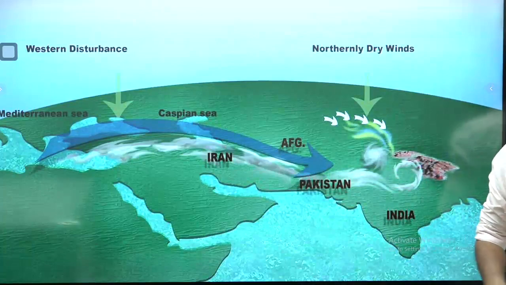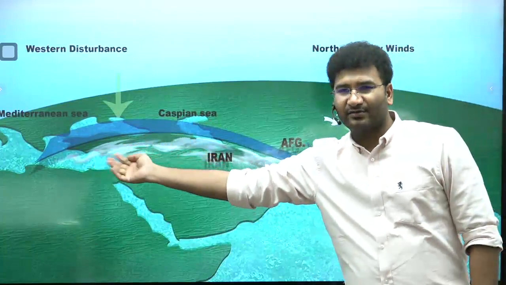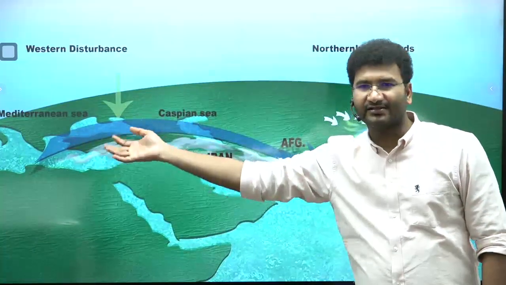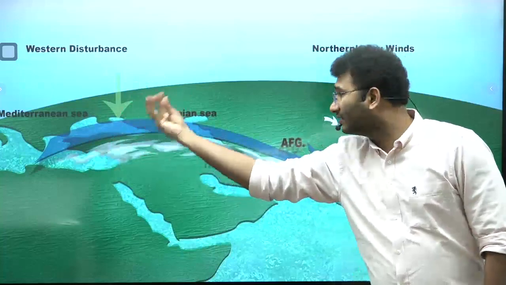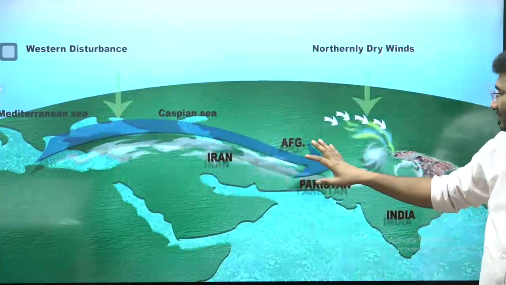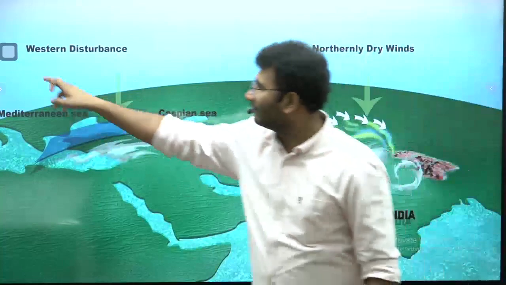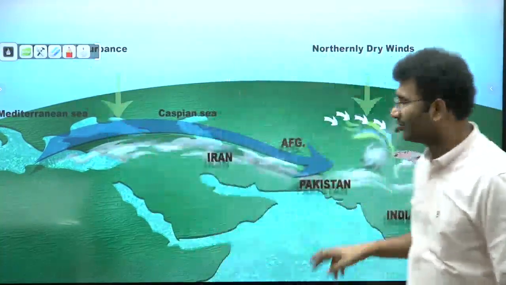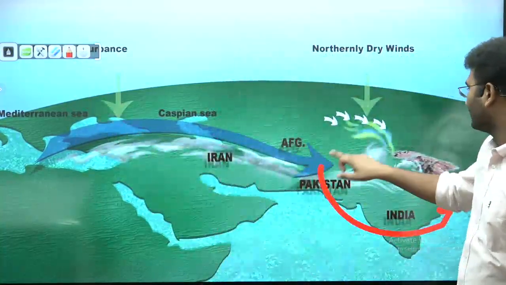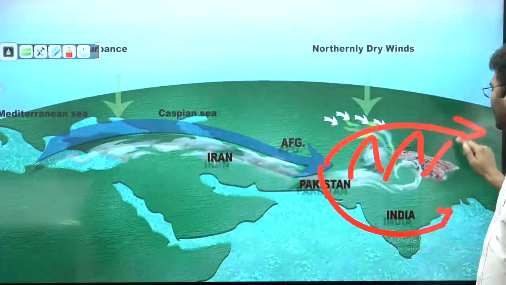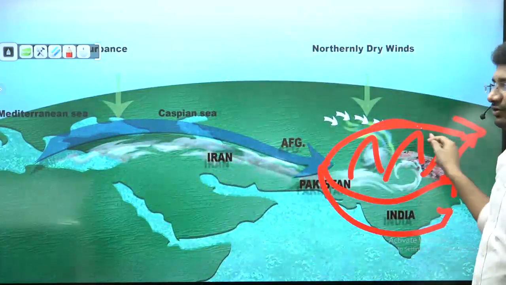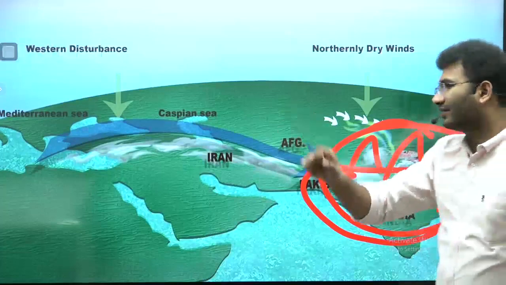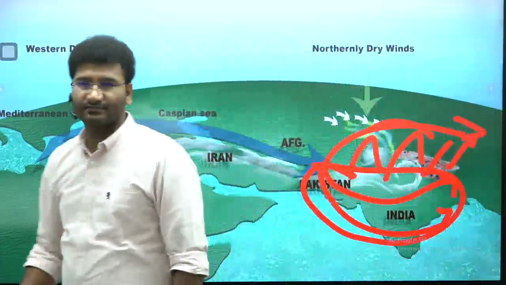Basically, in the Mediterranean Ocean there is so much evaporation that takes place, and the moisture is carried by the jet stream. It comes here, with a wind system distribution through the jet stream. It comes through south of India, the Himalayas are there. One wing is south and the other is north, and this wing brings the rainfall to India.